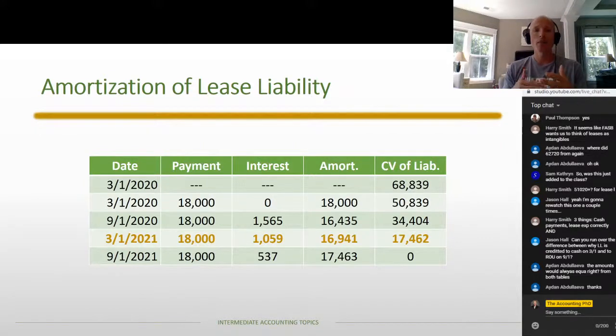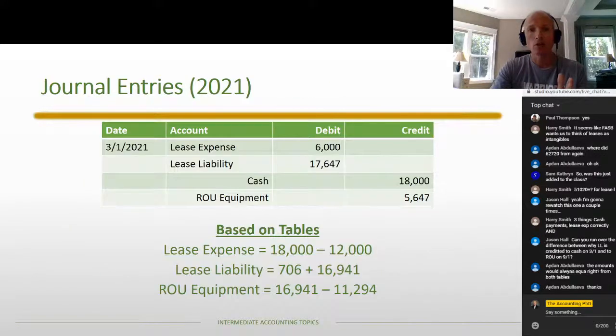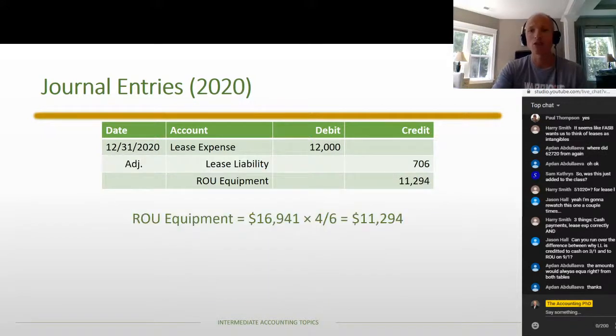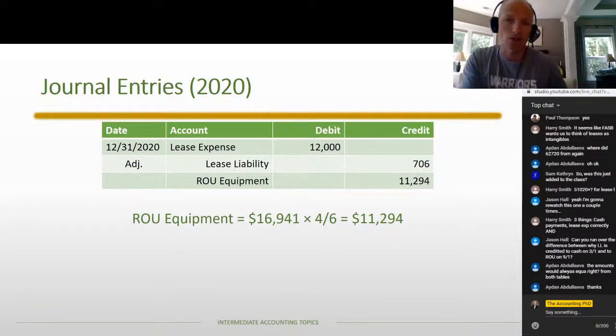And so whenever that payment on 3/1/2021 takes place, we know part of the reduction to the lease liability needs to be that amortization amount. But we also need to get rid of the interest expense that we had previously accrued to the lease liability. And so the total entry amount to the lease liability is the sum of both. It's the $16,941, which came from the table, and the $706 that we had accrued on December 31st, 2020.